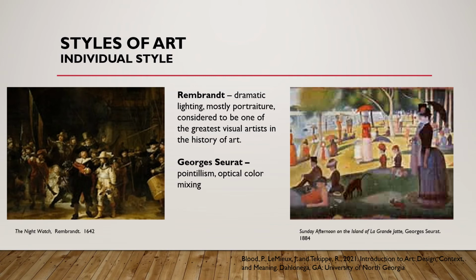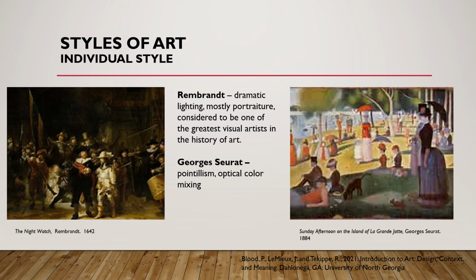Rembrandt and Seurat are only two of the many artists that can be identified by their individual styles. These images are not real great, but Rembrandt, his is very dramatic lighting, mostly portraiture. He is considered to be one of the greatest visual artists in the history of art.